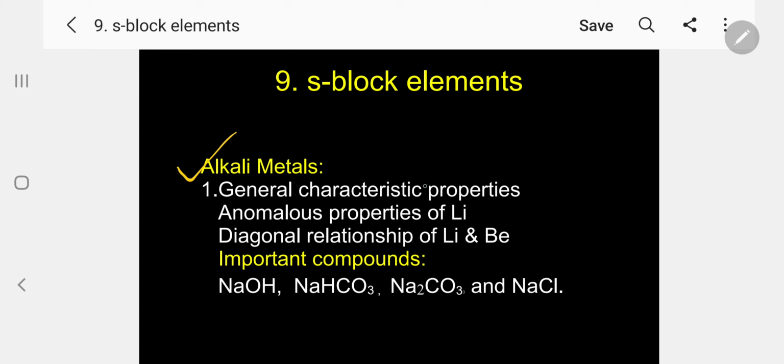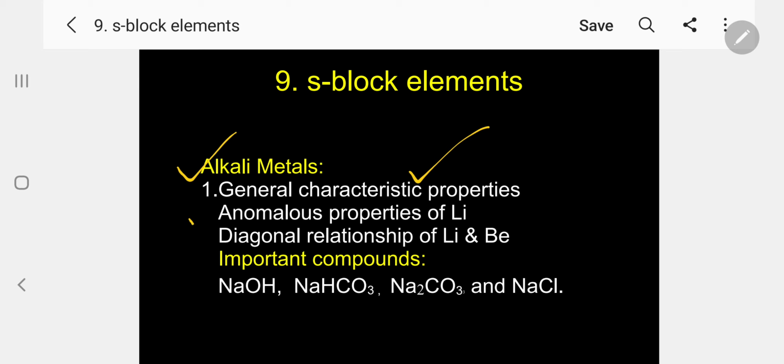Number one, general characteristic properties like electronic configuration, the periodic properties like atomic size, ionization energy, electron affinity, electronegativity, flame color, etc.